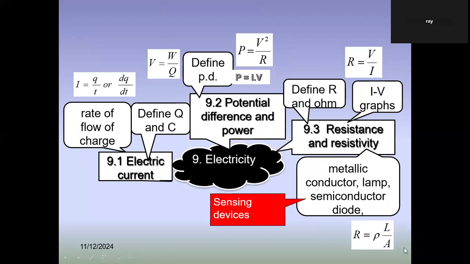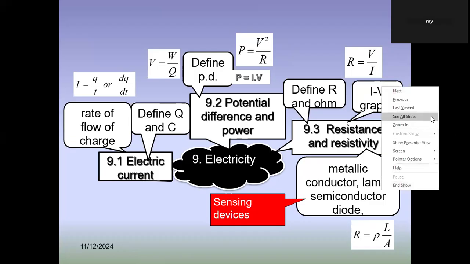Resistance is defined as potential difference over current. Resistivity is basically the resistance of a unit length and unit cross-section area. Anyway, we will look at it later. Don't go too far yet.